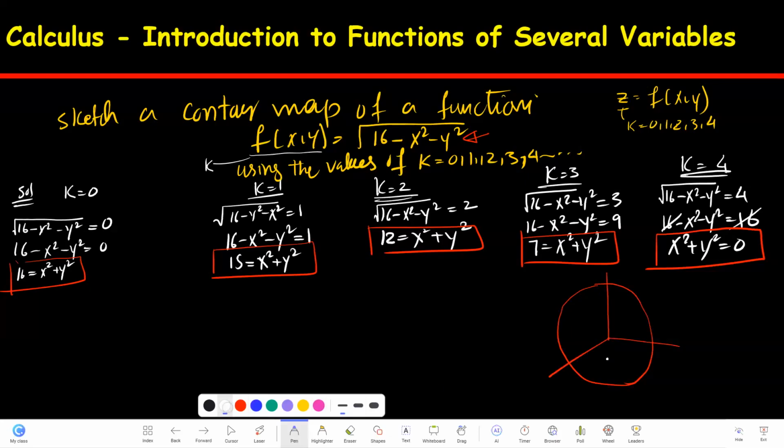Just watch what I'm doing. I start with k equals 0. K equals 0 means the z value equals 0, then z equals 1, 2, 3, 4. So when I say z equals 0, I'm basically cutting this guy from here to there, then cutting on the back side, cutting here.